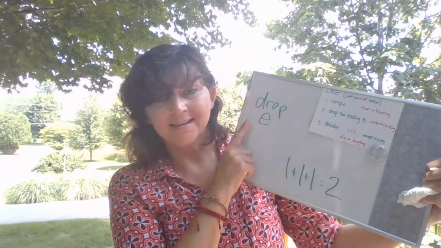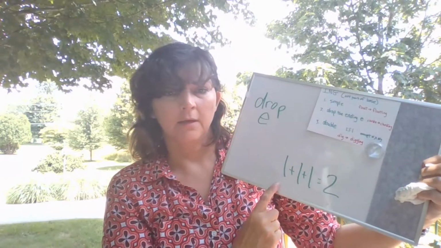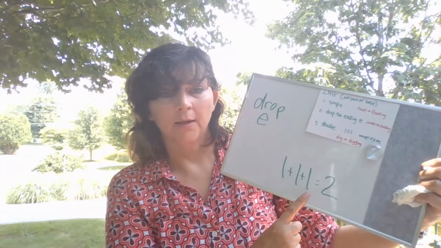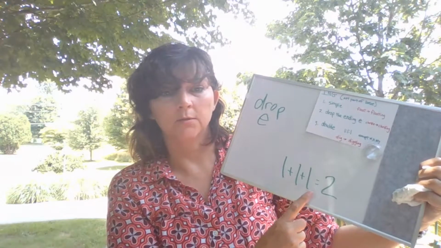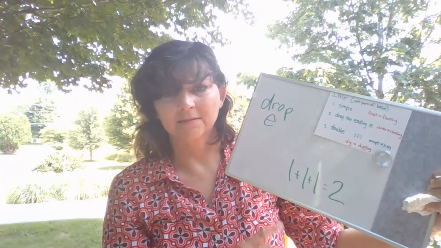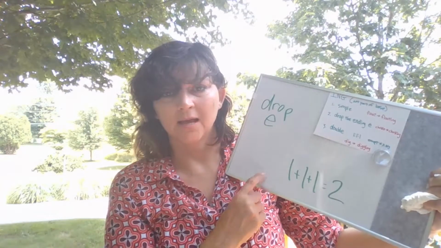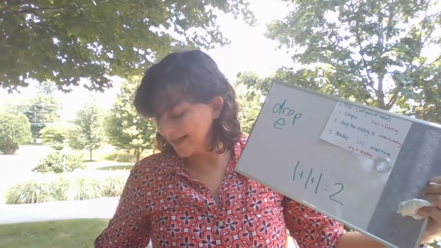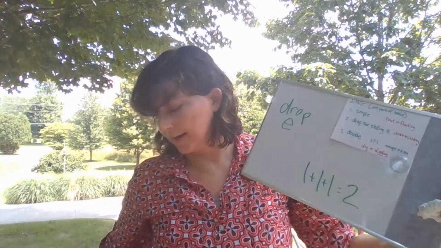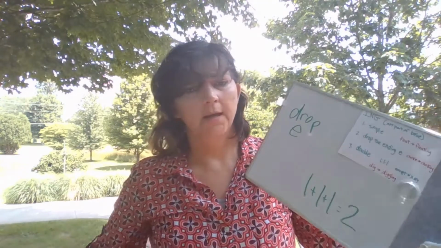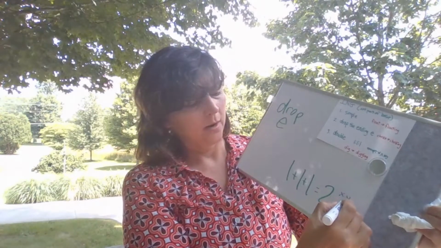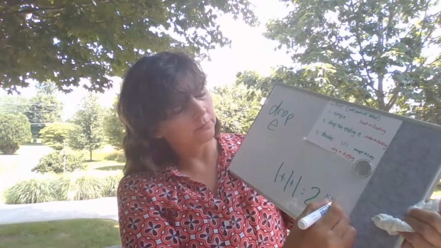If it's got an E in it, you're going to want to drop the E. If it's got 1 syllable, 1 vowel, and 1 consonant, 1 + 1 + 1 = 3, we're going to double that last consonant before we add the ing. Here's the exception. We except if it's a W, an X, or a Y, like toe and towing.